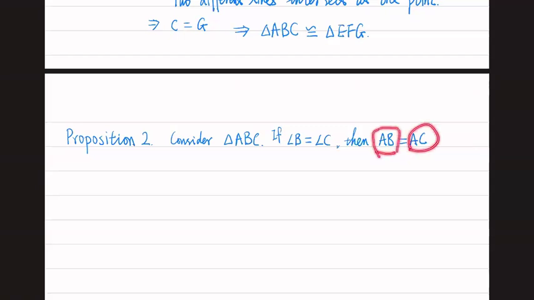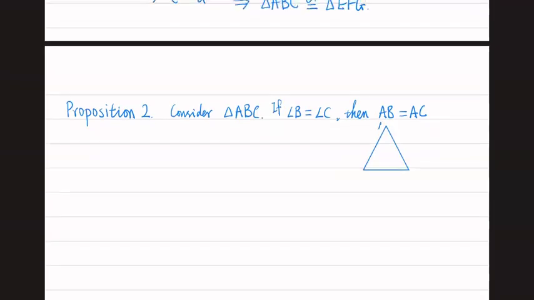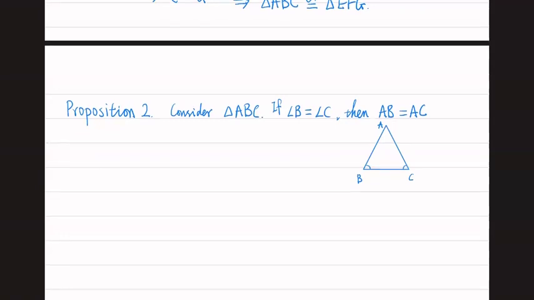It's not equal as a geometric object, but equal as numbers. Okay, let's see how we can justify this. A, B, C. Now we know the two angles have the same measures. We want to check these two sides.